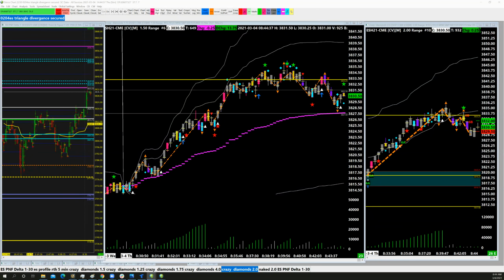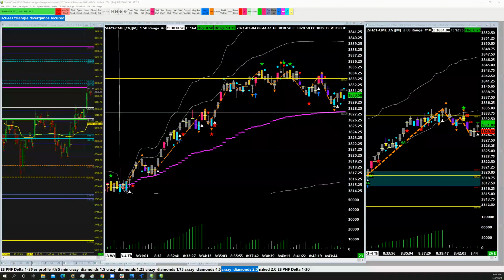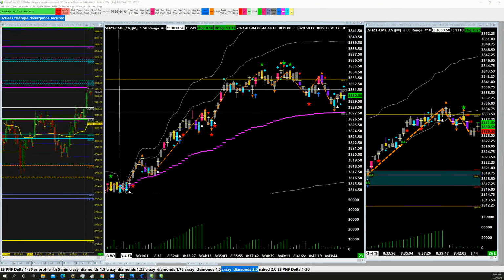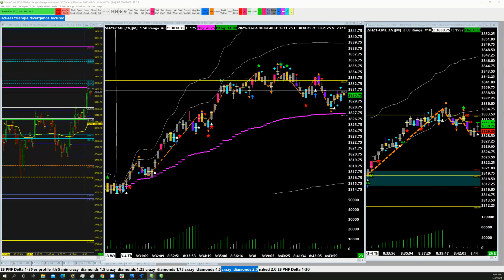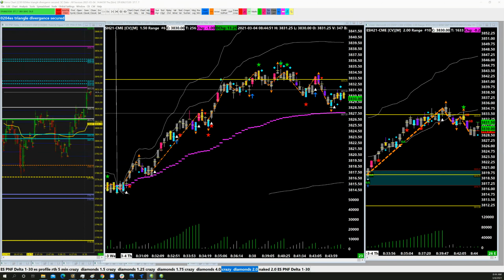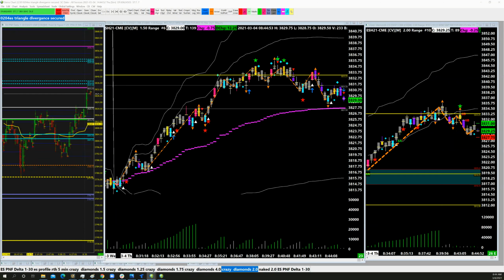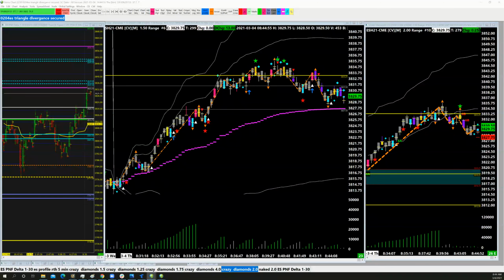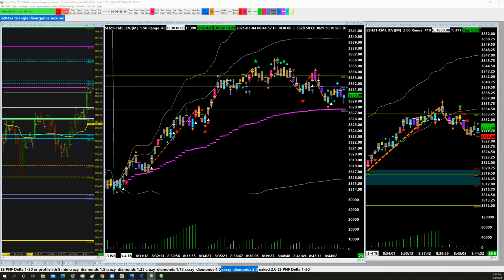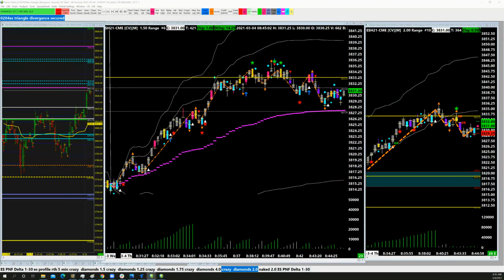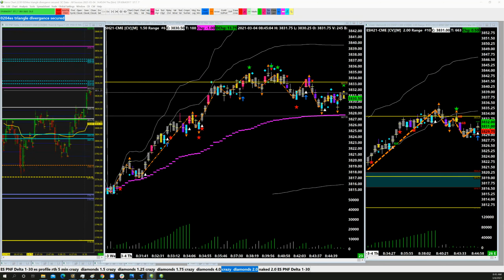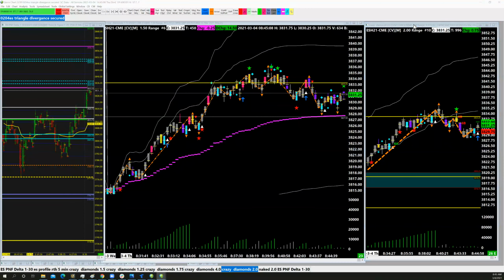Underneath VWAP on NQ, still above on ES on all time frames.